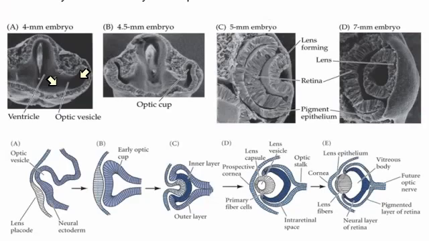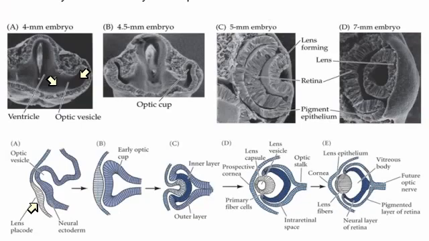If you look below that to the cartoon labeled A, you can see that the optic vesicle is drawn touching the overlying what would be skin, initiating a conversation between the developing retina and the skin that will ultimately lead to the formation of the lens placode.